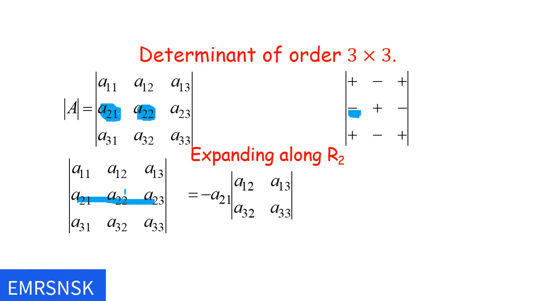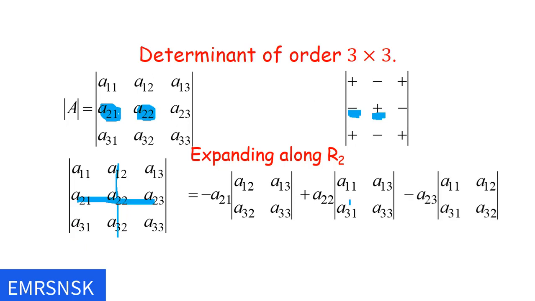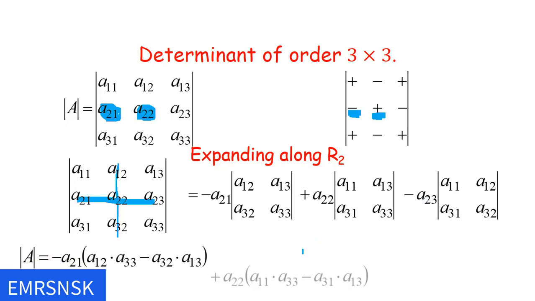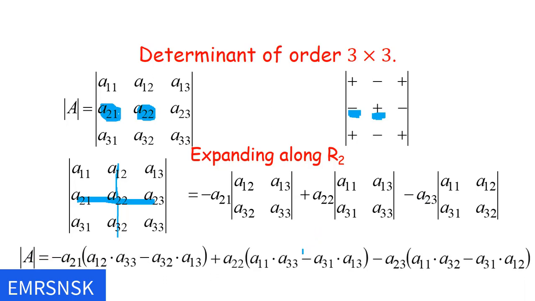The sign convention for the second element is plus, so you are left with the determinant A11, A13, A31 and A33. Similarly for the third element you can write. So after evaluating you will get this answer.